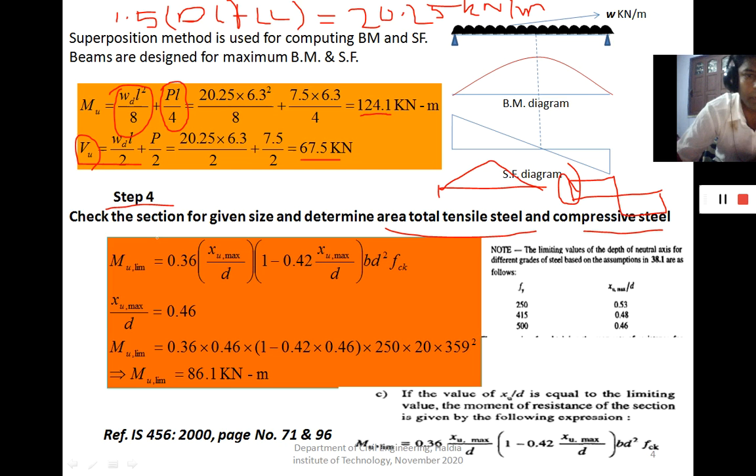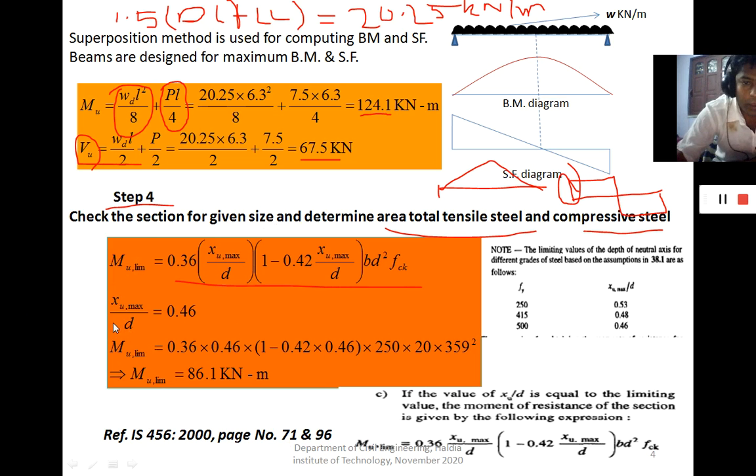We determine the limiting moment using the expression given in the code on page 96. Go to page number 96, follow this equation and find out the limiting moment of the given section.